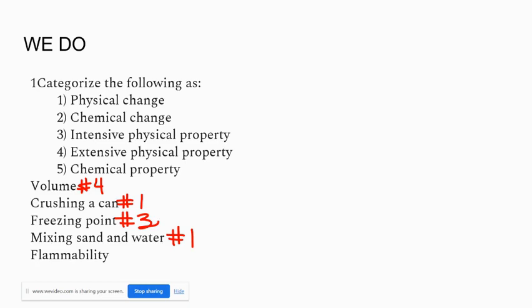Okay, all right. But it's going to be chemical, though, right? Right. Okay. So it's a chemical property, but we don't distinguish between intensive and extensive in terms of chemical properties. It's only in terms of physical properties that we talk intensive, extensive.